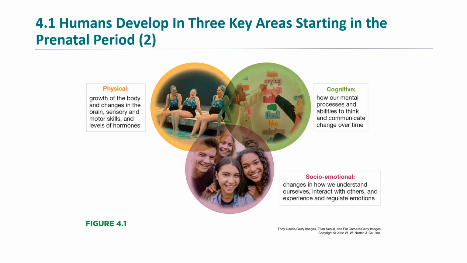And as we think differently about others, and as our communication improves, it's going to affect our relationships with others, which is in the socio-emotional domain. This is always the case: changes in one area will have some sort of effect in the other 2 areas.